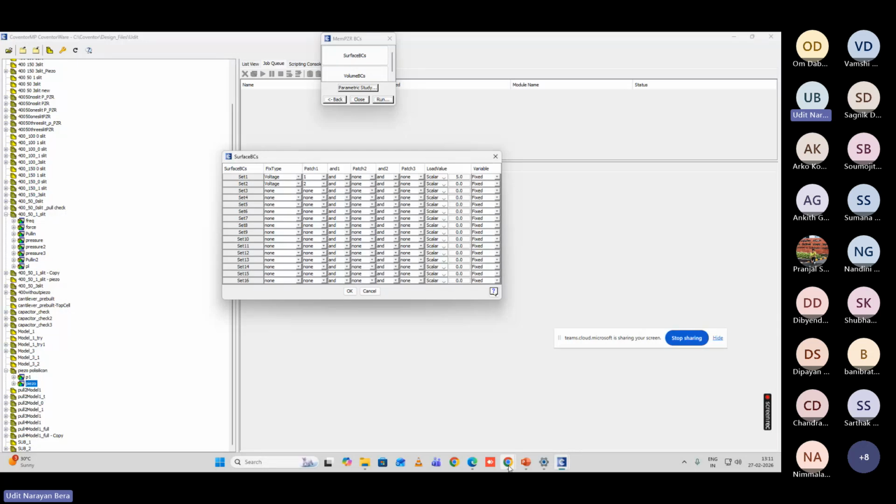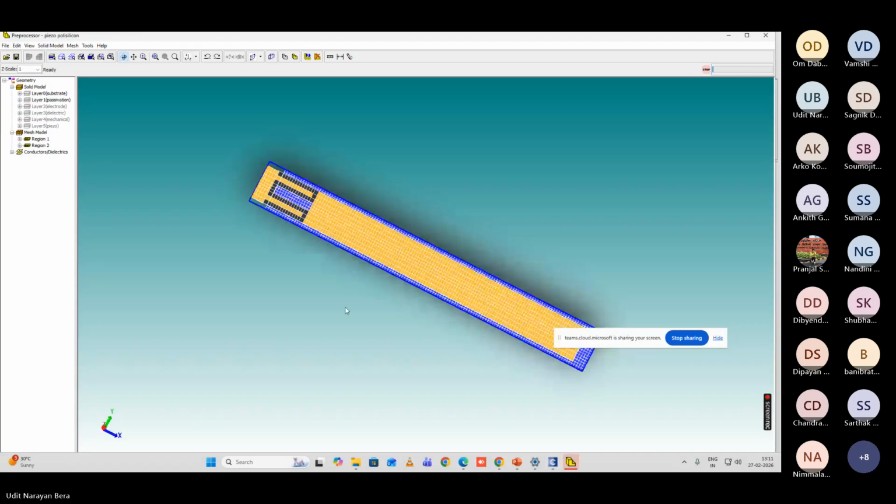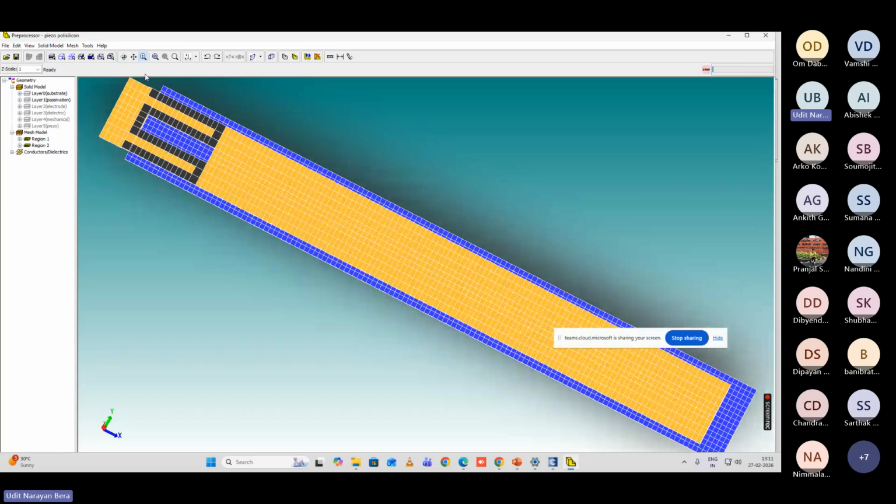If you remember the model, you have seen that your piezo was here in this model. If I zoom it, you can see that it is only one. Okay, so on one patch I am using 0 volt, on one patch I am using 5 volt, so that we will measure the change in current when there is a change in stress.